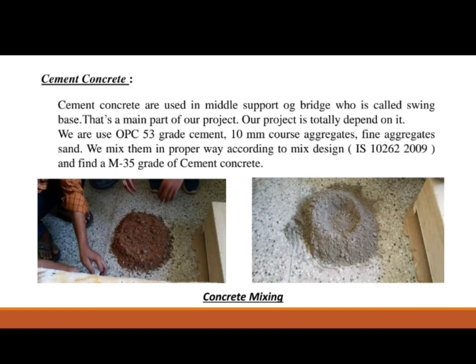We mix in the proper way according to mix design as per IS Indian Standard 10262:2009, and find a mix of M35 grade cement concrete having ratio 1 to 0.5 to 1. That means one part cement, 0.5 part sand, and one part aggregate.